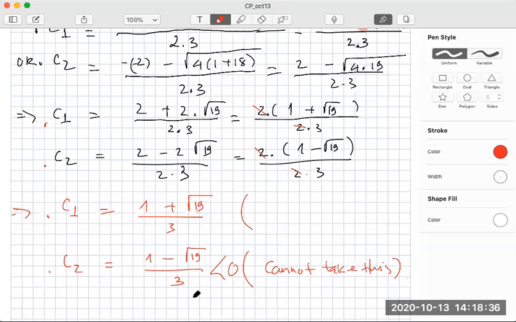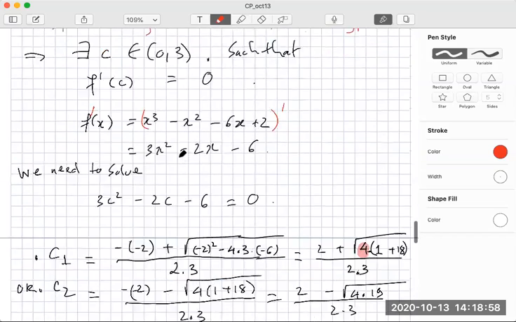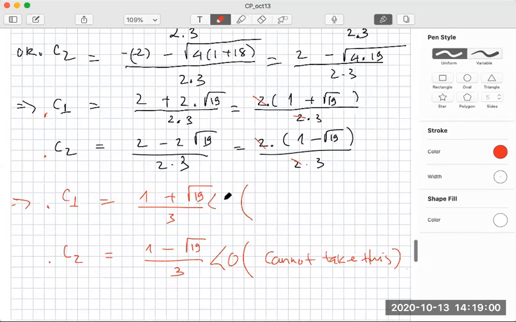This one, 1 plus square root of 19, it is about 5 point something, and then divided by 3, so we're good. It should be between 0 and 3. Smaller than 3. Use a calculator, okay? Then we conclude that, okay, we found only one number C which belongs to that interval, okay?